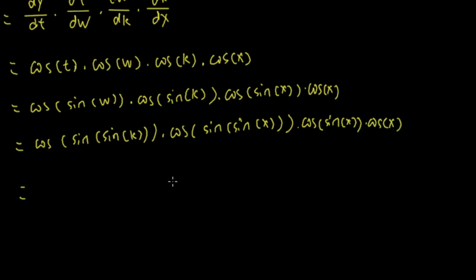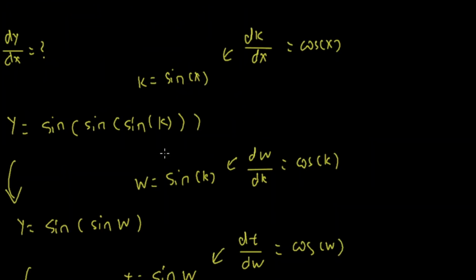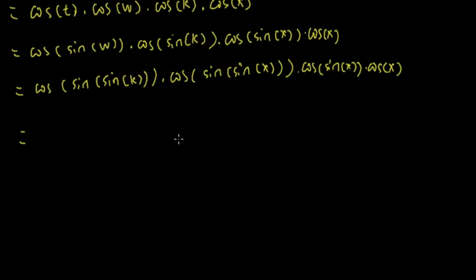Okay, lastly, these are all in terms of x now, only this one here. What is k? K is sine x. So this is cosine of sine x, one, two, three brackets, I think. Okay, times this.